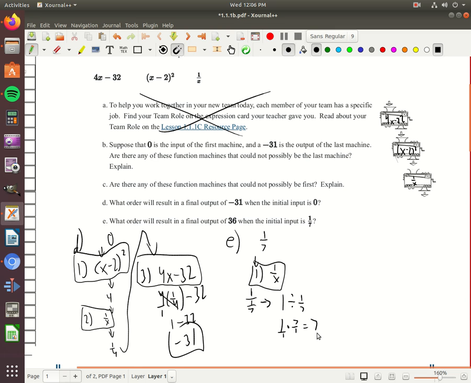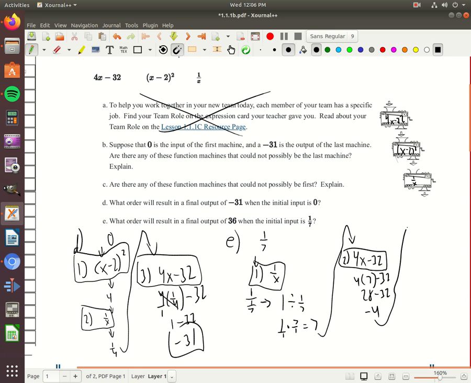So now, again, I'm kind of running out of room here. I'm going to take that 7 that I get out of the first one, and I'm going to plug it into the second equation, which is going to be the 4x minus 32. So 4 times 7 minus 32 is going to be 28 minus 32, which will give us negative 4 out. So this will be the second one.